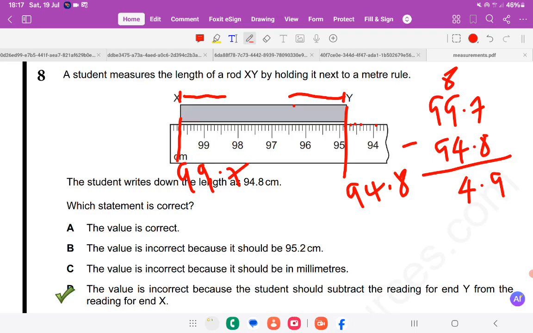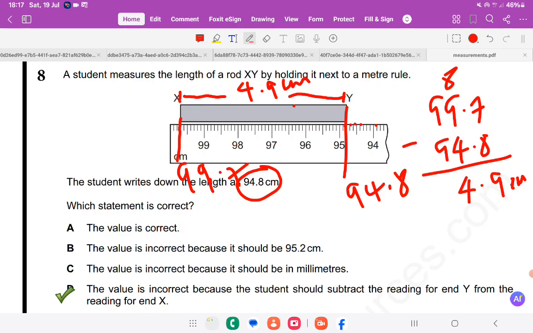So this is 4.9 centimeters. The length is 4.9 centimeters, but take note, the student has recorded the reading as 94.8, which means she got it wrong.